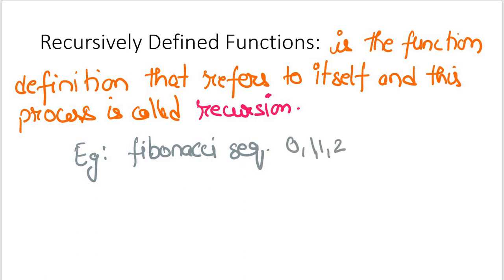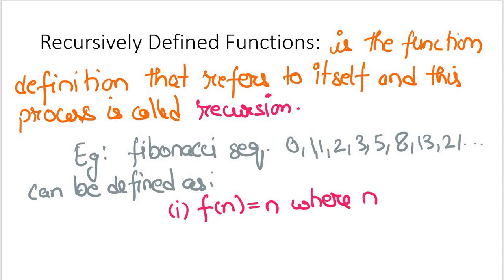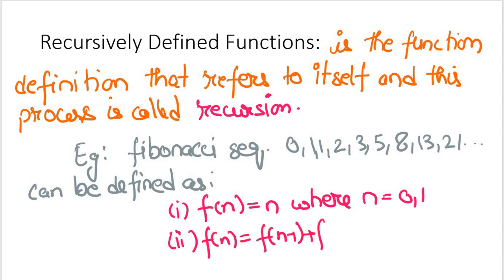which is in the form of, let's say, 0, 1, 1, 2, 3, 5, 8, 13, 21, and so this can be defined as f of n equals n, where n equals 0, 1, and f of n equals f of n minus 1 plus f of n minus 2 when n is greater than 1.